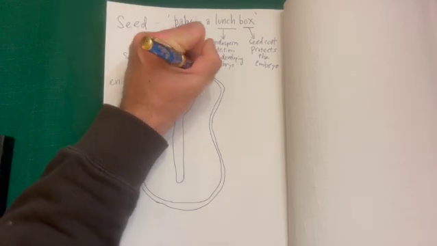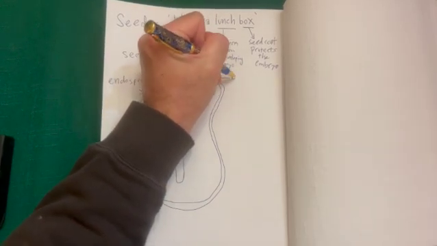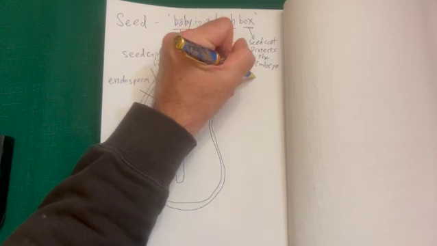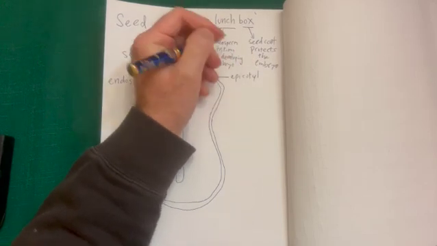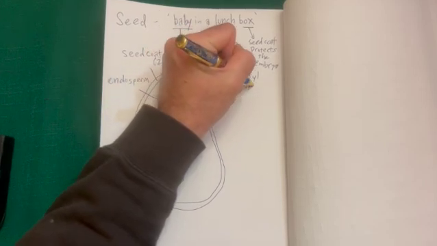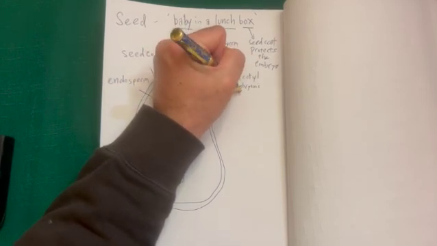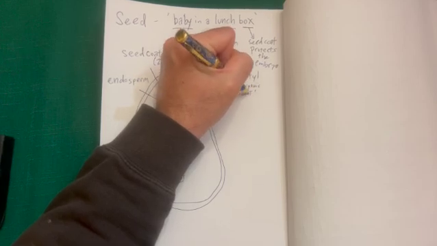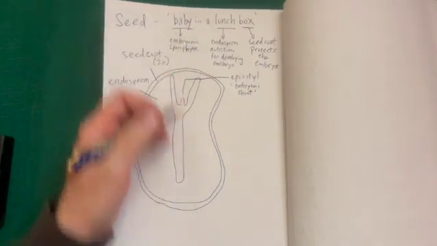And that's basically all we need to get the point across. That's called the epicotyl, and that's the embryonic shoot. It's going to grow up big and tall, grow up into the air.